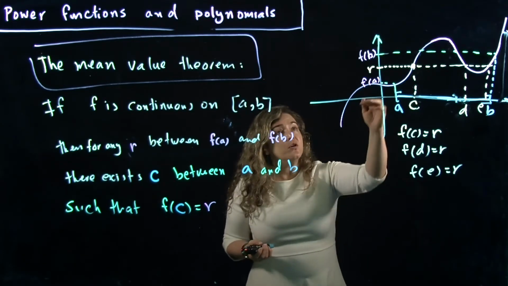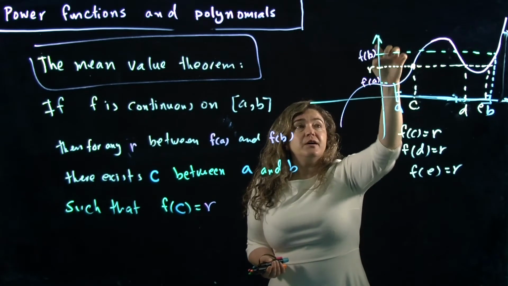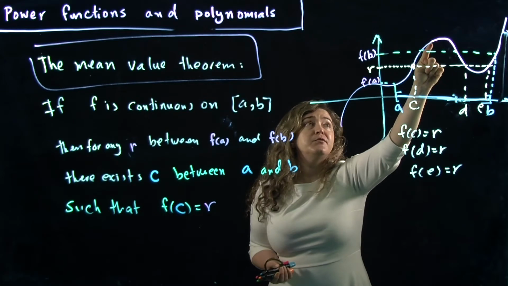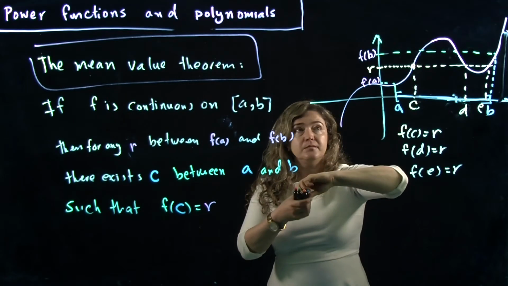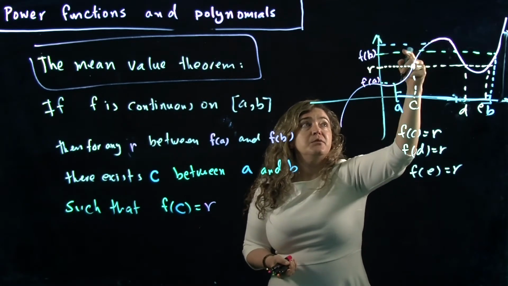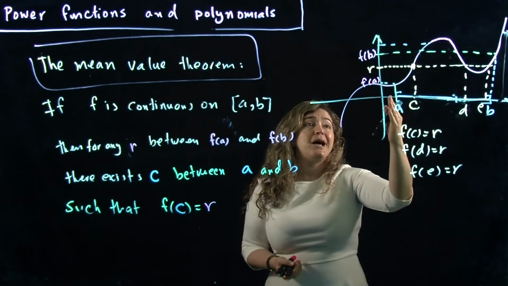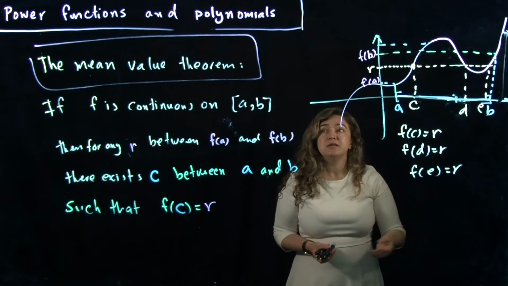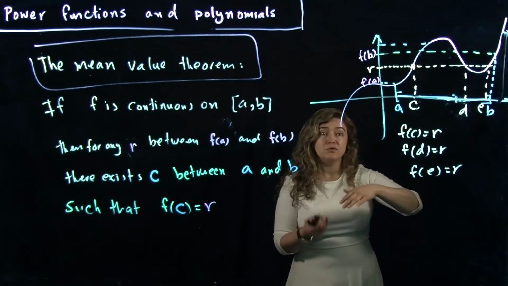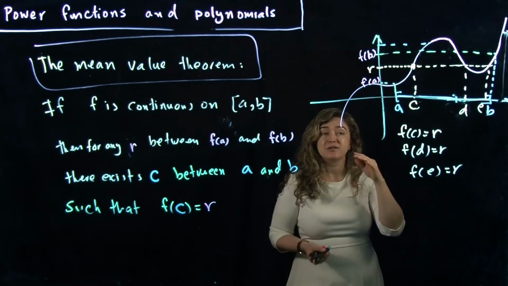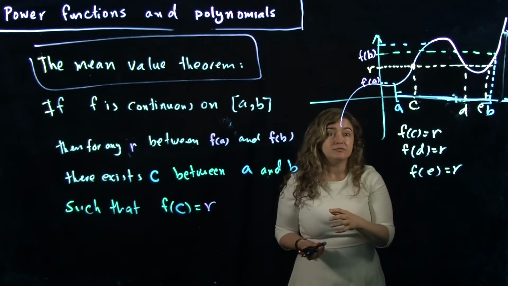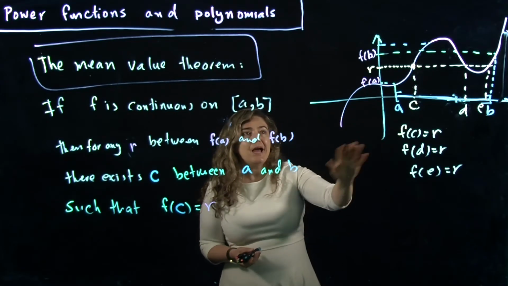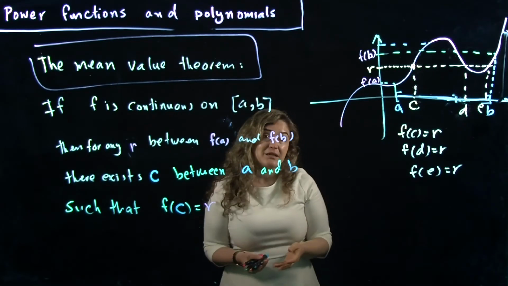It doesn't work for values of r above or below, even though in here I know that whatever this value is, I still have an x value that matches between a and b, but you're not using the mean value theorem for a value of r outside the open interval between f(a) and f(b). So that's this. How do we use it in pre-calculus?